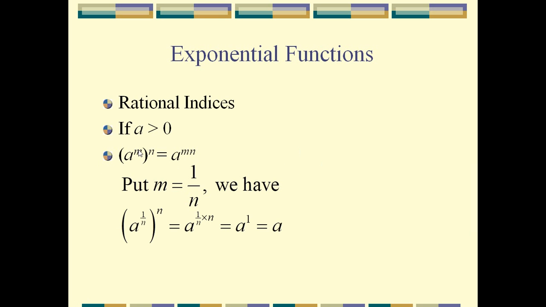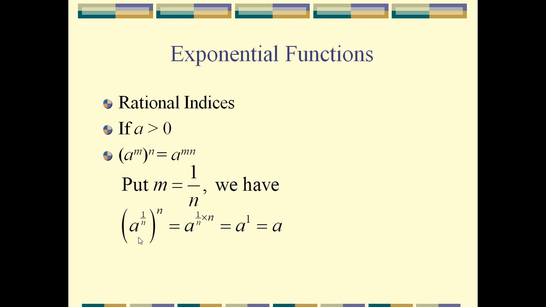By putting m equal to 1 over n, we find that it is just equal to multiplying the 1 over n with the n in the index. And this 1 over n times n is just equal to 1. A to the power 1 is just itself, because a to the power 1 means that a multiplies itself only 1 time.